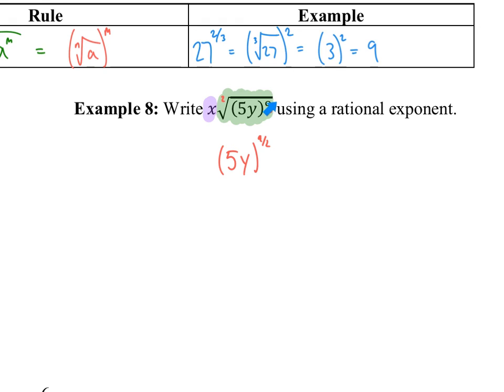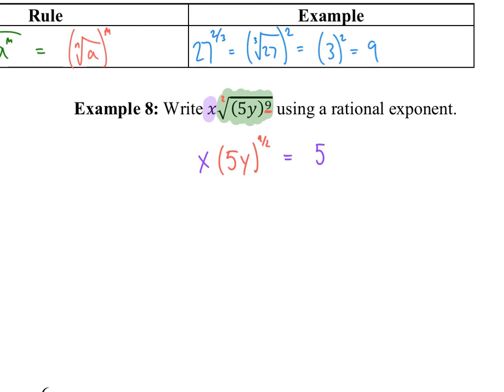So the 9 became the numerator. The index, which was the 2, became the denominator. And then the x is right there. So I'm just going to bring that x down. Probably could simplify it a little more, like kind of spreading things out. We usually want a number in the front of an expression, not the middle of it.